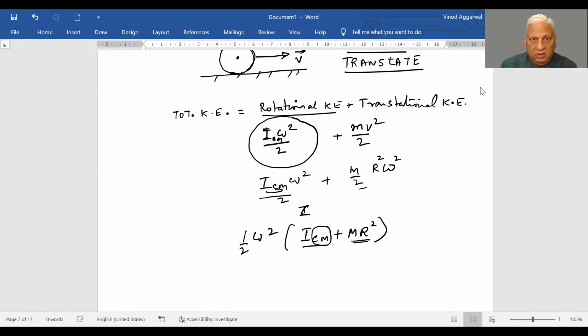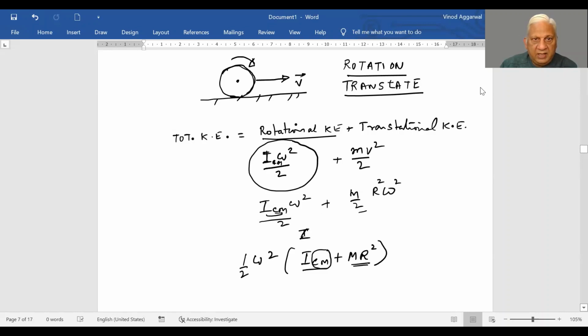Now, this is the moment of inertia of the body passing through the center of mass, and this is mr square. If you see this diagram, this is our center of mass, and this is our point of contact, which is at a distance of r from here.